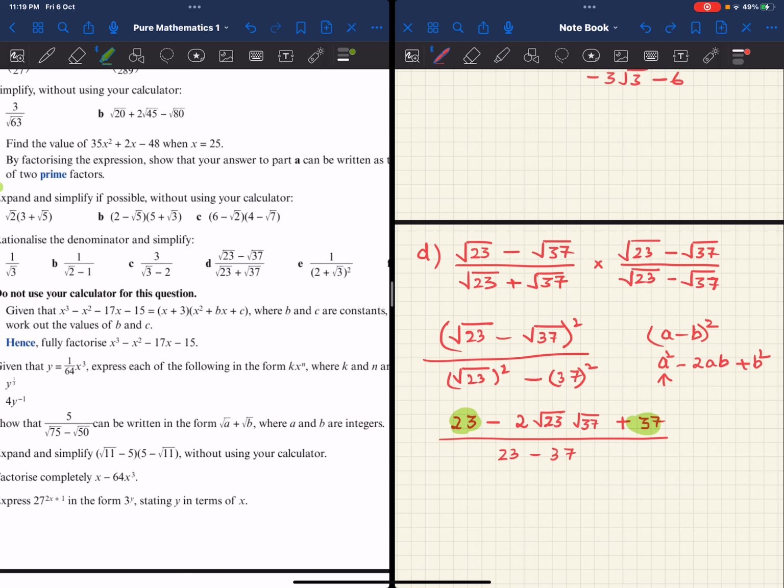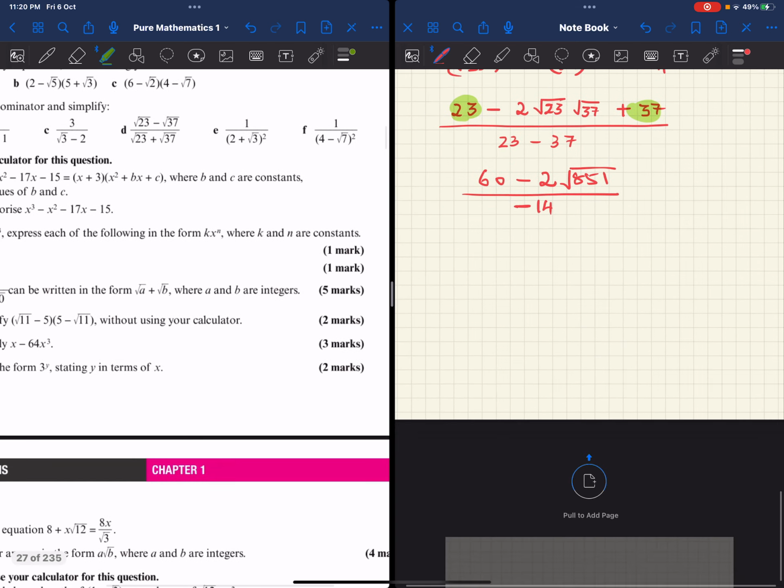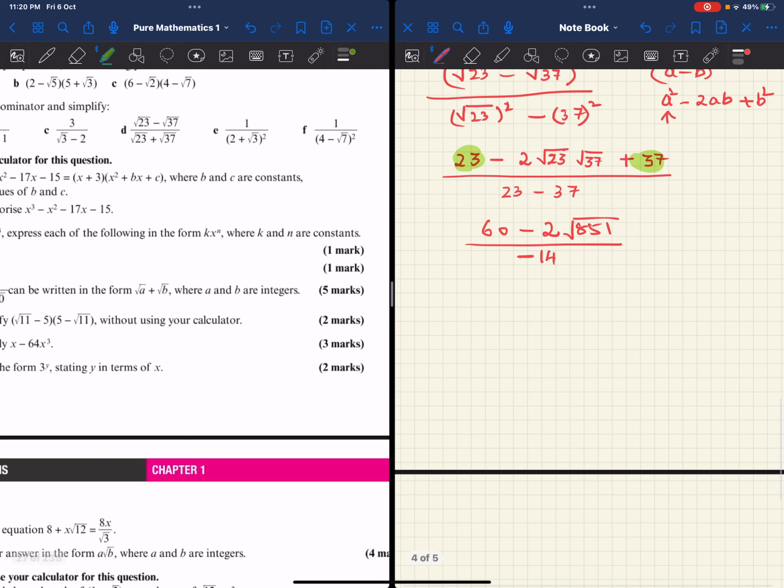So 60 minus 2 into, we can multiply 23 into 37, root of 851, all divided by 23 minus 37, which is negative 14. We can remove the factor of 2 common out.